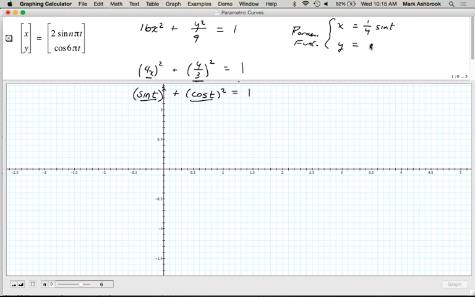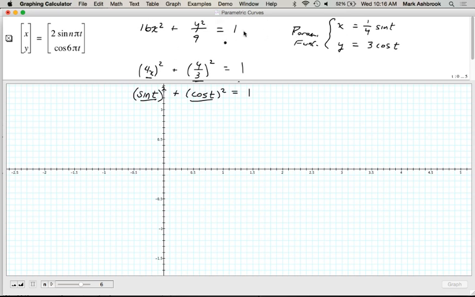And y would be 3 times cosine t. So there's a parametric function that will give us this. And so that, can we sketch this? Sketch this.